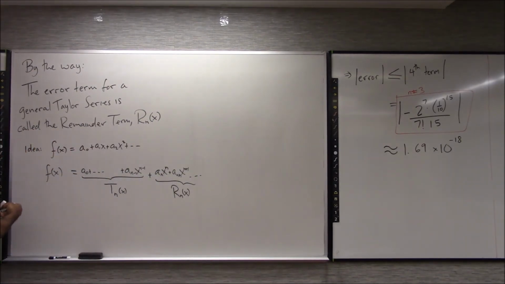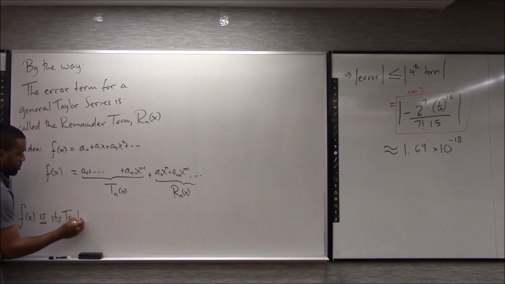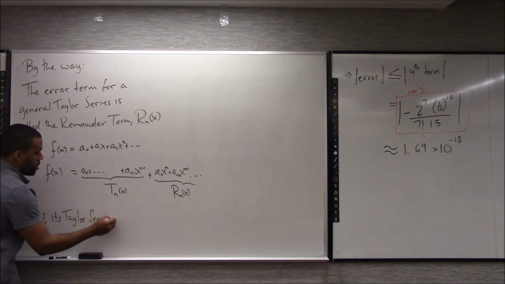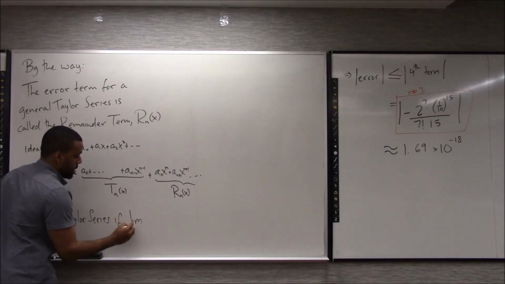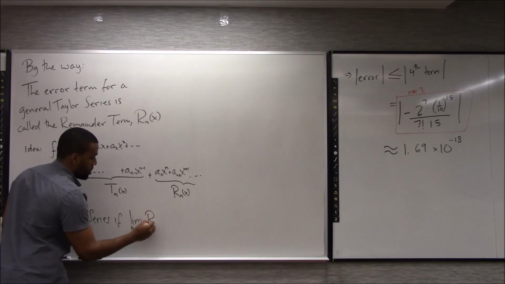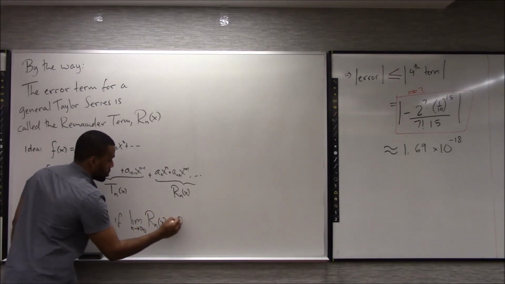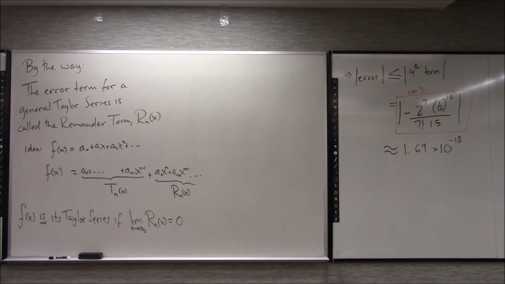So the idea is f of x is its Taylor series if the limit as n approaches infinity of this remainder term equals 0. Otherwise, the Taylor series can at best be thought of as an approximation to the function, kind of in the way that a tangent line is an approximation to a function back in Calc 1. We know it works well in a very small region, but when you zoom out, it goes bad.